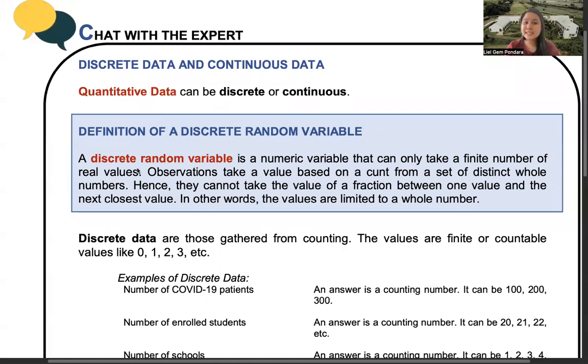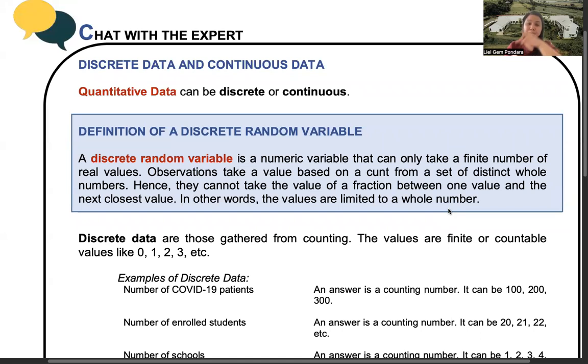A discrete random variable is a numeric variable that can only take a finite number of real values. It means that the values are limited to whole numbers. There must be no fraction. There must be no decimal part. It must be a whole.